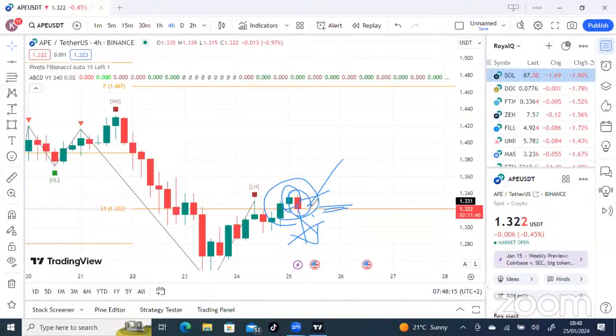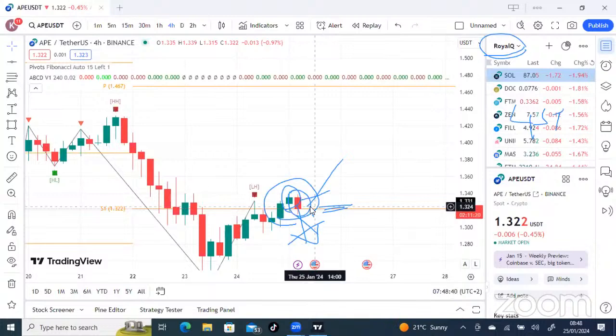There is no Royal Q here. Where is my Royal Q? This one is not Royal Q. This is a list of coins that we are trading in Royal Q.